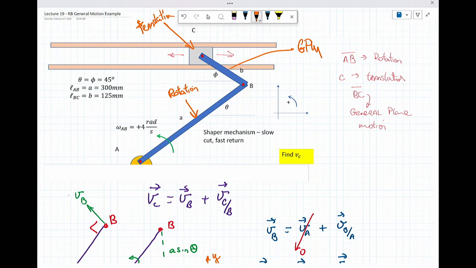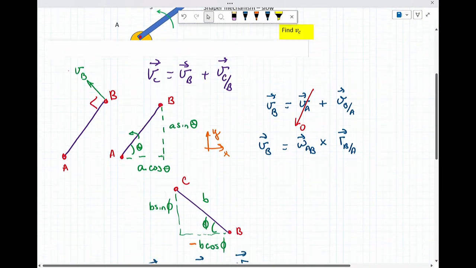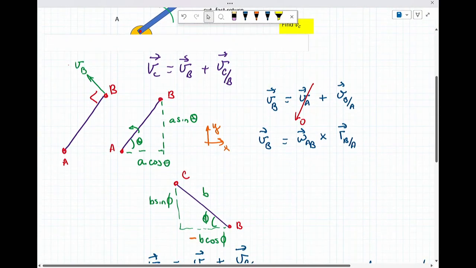And when you do the analysis here, you never ever look at the link BC before you look at the other two. In the analysis I did here, and I used the vector approach for this part of the problem, I just said, I want to know what the velocity of B is, velocity of C is. I know what the velocity of B is in terms of A, because that's rotation.